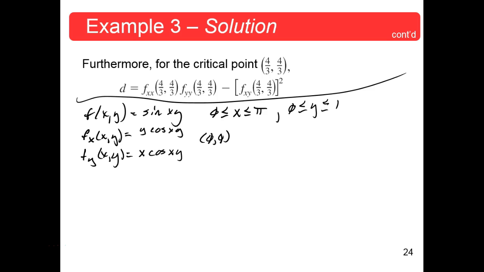Cosine is 0 at all the half pies: pi halves, 3 halves pi, 5 halves pi, 7 halves pi, negative 3 halves pi, negative pi halves, all your half pies, cosine is 0.